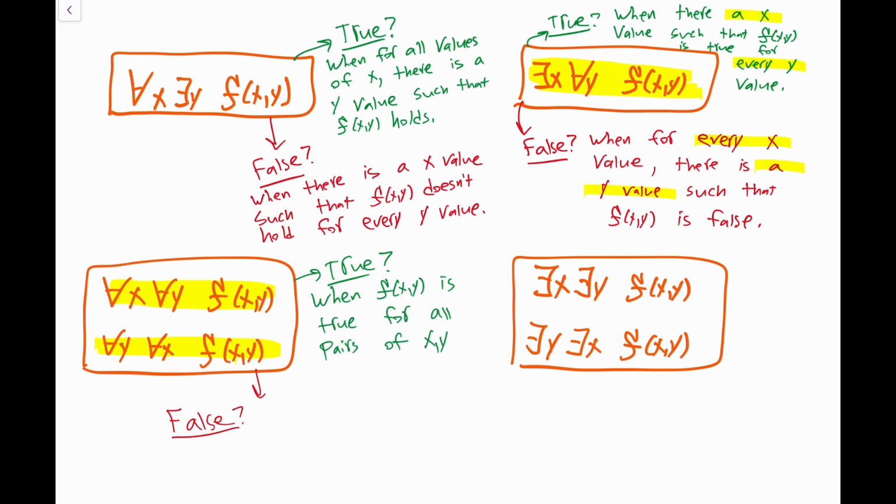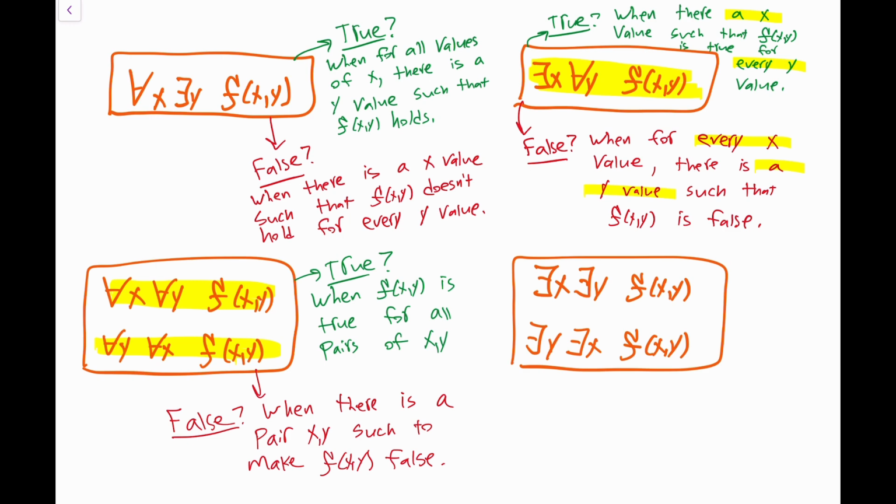So it would be true when the function is true for all pairs of x, y. When would it be false? When there is a pair x, y such as to make the function false. So it's true when every pair makes the function true. It's false when you just have at least one pair that makes it false.